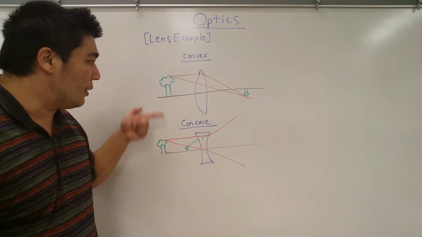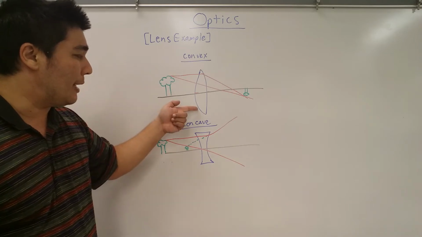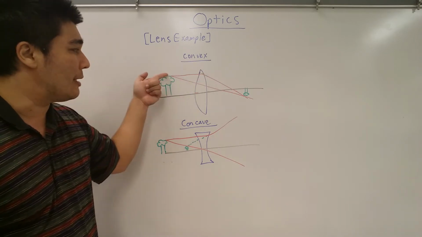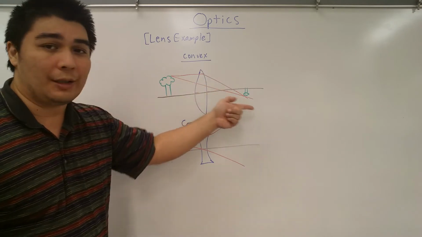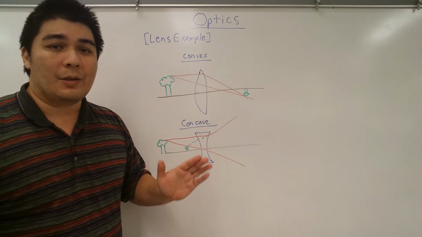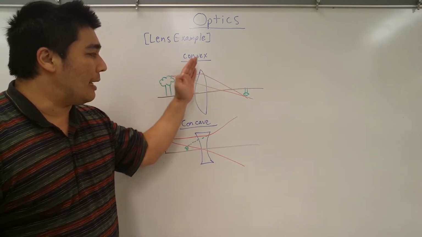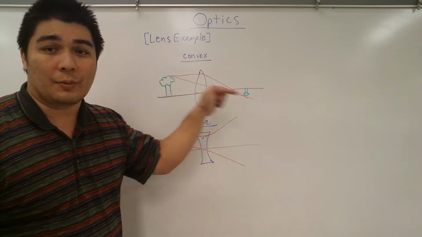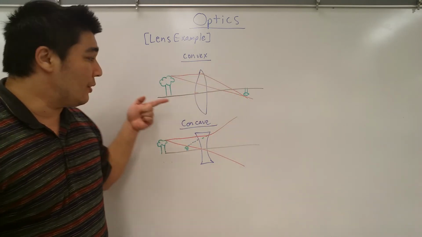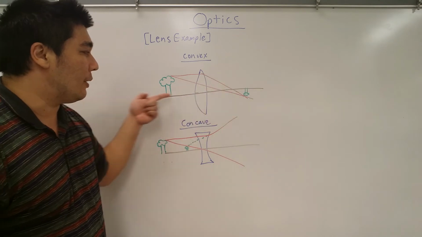One will go down at the bottom of the lens, one will hit the top of the lens, and the other will go straight through the lens, because that's where all of the normals align for this lens, and it goes right through. I know in the last video you saw me having the straight line going through.